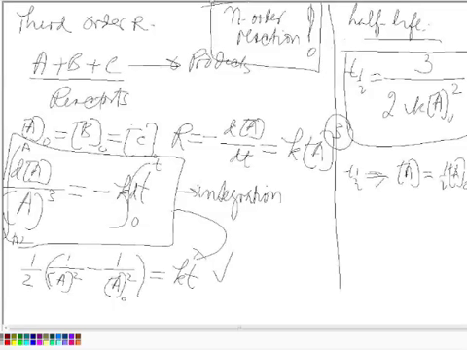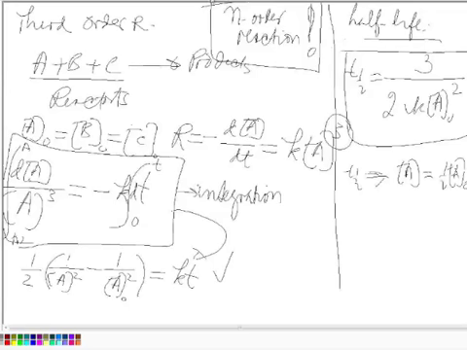Now the question is, how do we get to the nth order reaction? By doing the same methodology, the same integration, you will get the equation of the reaction for n order.